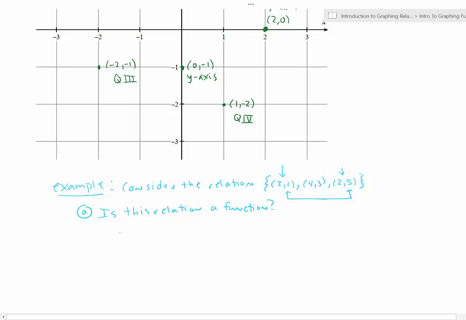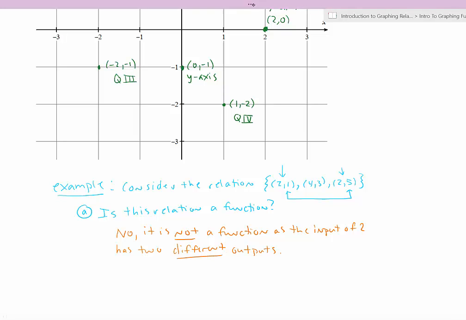So this relation is not a function. So the answer to this is no, it is not a function, as the input of 2 has 2, and here's the important word, different outputs.